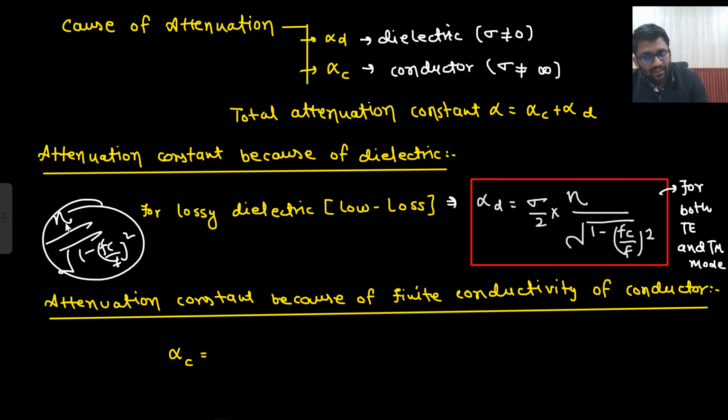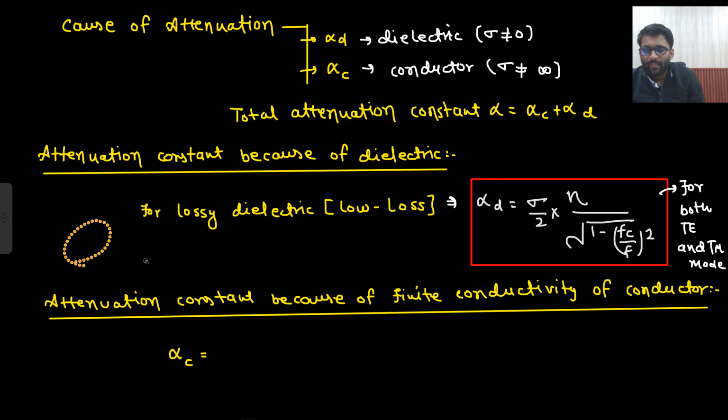Here this neta has nothing to do with the TE or TM. This is a separate derivation. So don't think that for TE mode it is neta upon under root 1 minus fc by f square, and for TM mode it would be neta into 1 minus fc by f whole square. Nothing like that. This is the formula that will be applicable for both TE and TM mode. Is that okay for you? Okay. So this is for the lossy dielectric.